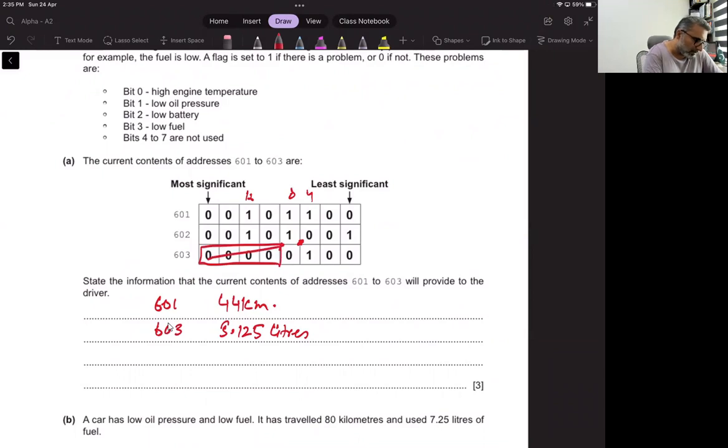These are being used. Bit 0 is high engine temperature, bit 1 is low oil pressure, and so this is low battery.